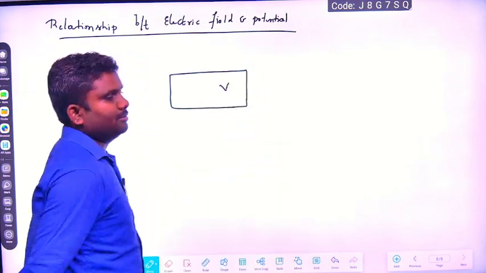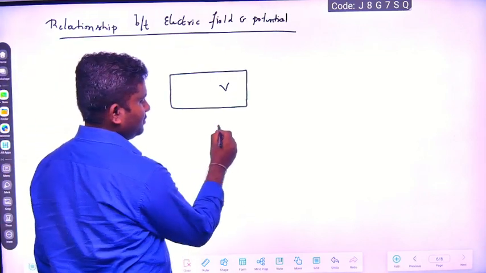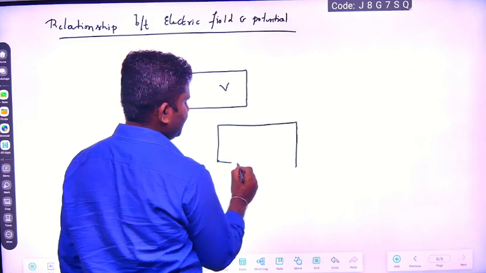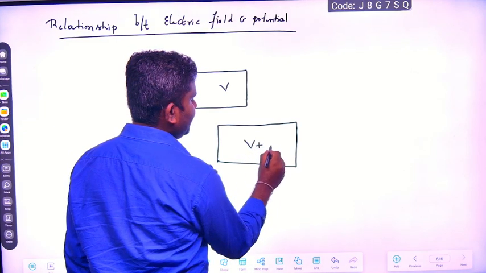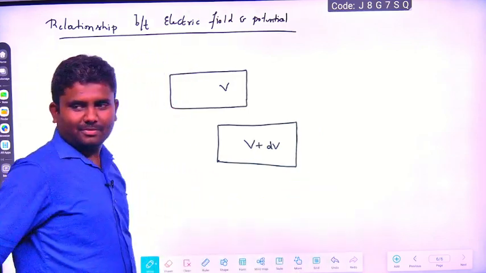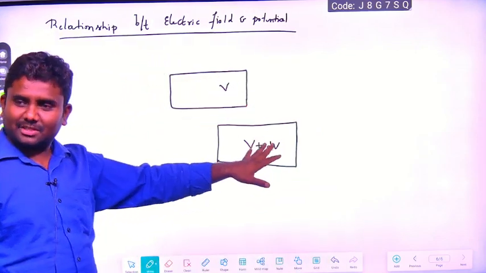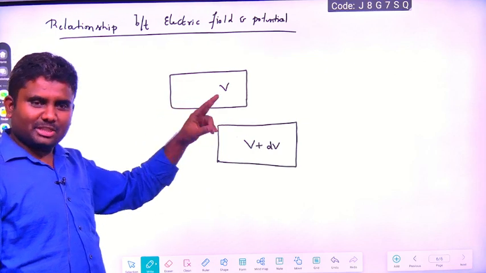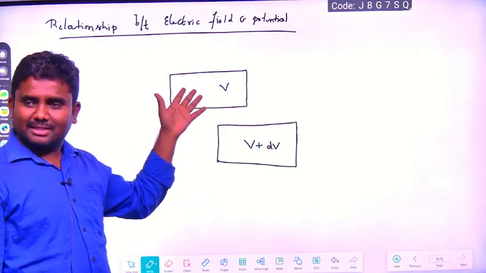Now another surface. This is another surface having the potential V plus dV. This is one surface, this is another surface. Both are equipotential surfaces. Equipotential surface means that surface has the same potential at every point.